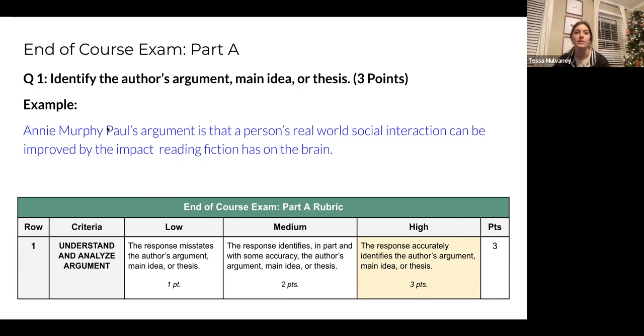It uses the author's name, and encapsulates all 3 of the claims we talked about before. So this was a high score from the College Board. You'll notice that it doesn't have a 3-pronged, the author's argument is that this, and this. You could do that, but they are more so looking for a more sophisticated, overarching message that encapsulates all 3 of the claims that are mentioned in the article.